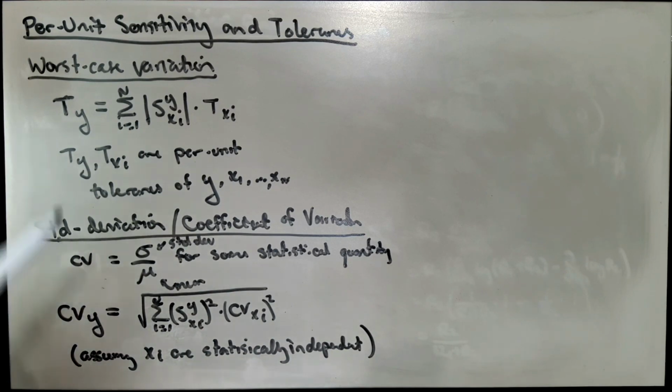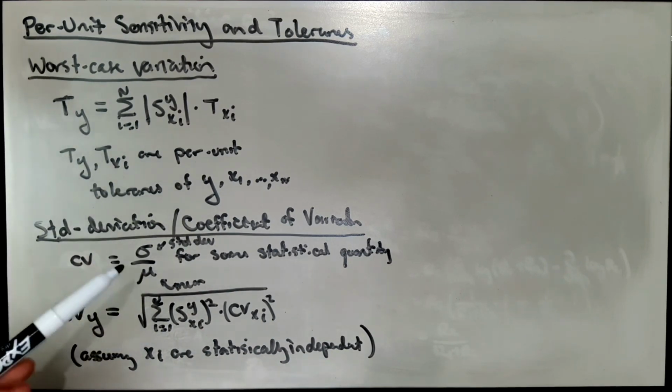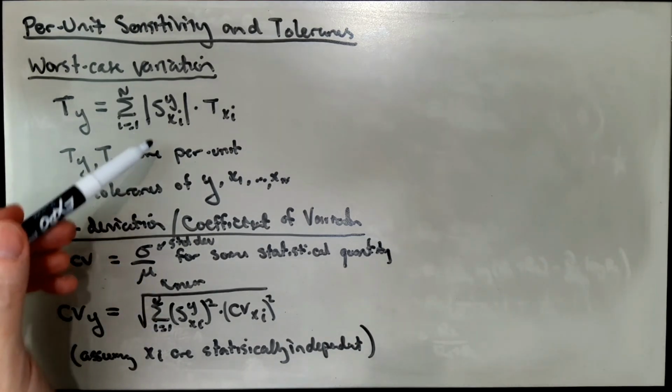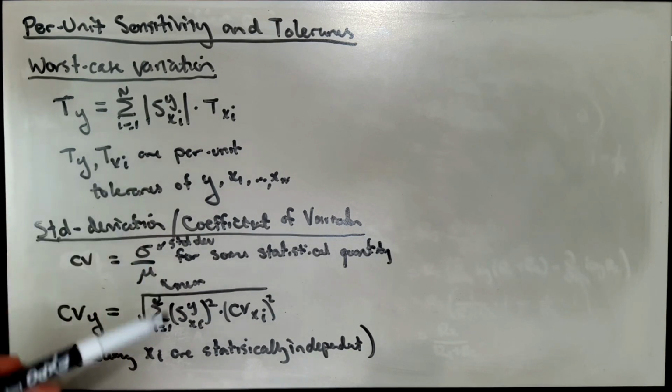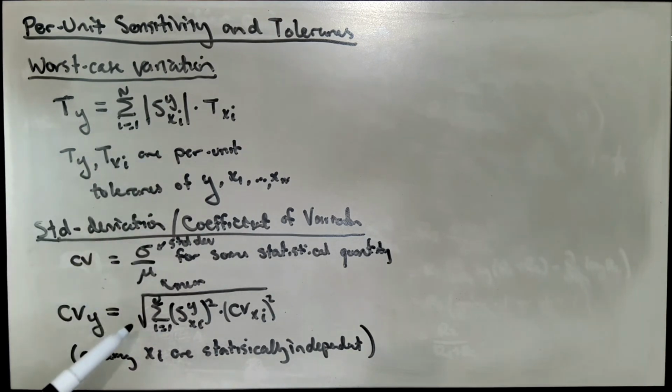And of course, for this worst case variation, the square root of the square of the sensitivity is just the absolute value of the sensitivity. And so we have something like the triangle inequality here that suggests that the worst case variation is going to be more pessimistic than this sort of more statistical idea here.